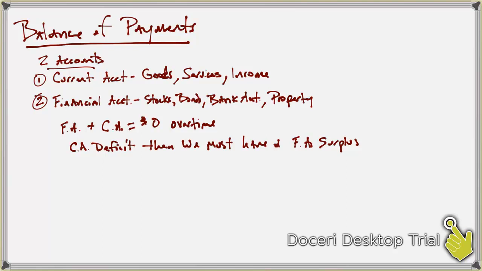Balance of payments is measuring more than just the transaction of goods. So we should probably know that the trade balance, trade deficit, or trade surplus is just a portion of the balance of payments. It does not measure all the things that are included in the balance of payments. Okay? So hopefully that helps out just a little bit.